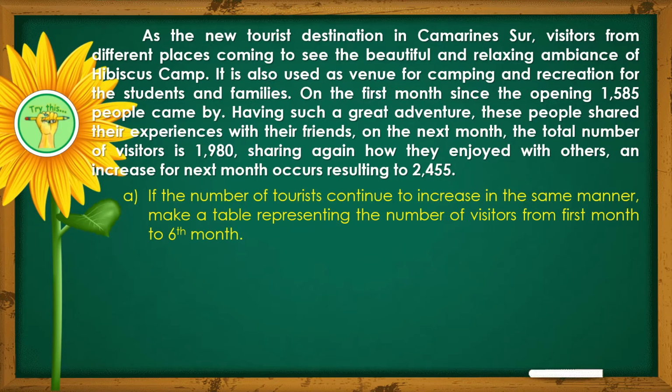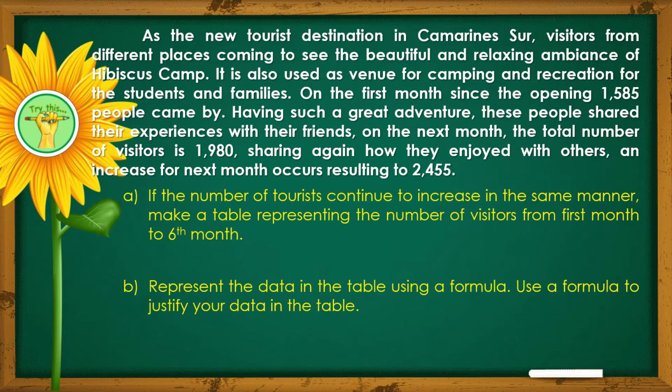A. If the number of tourists continue to increase in the same manner, make a table representing the number of visitors from the first month to 6th month. Letter B. Represent the data in the table using a formula. Use a formula to justify your data in the table. And letter C. What is the number of tourists for the first 6 months?